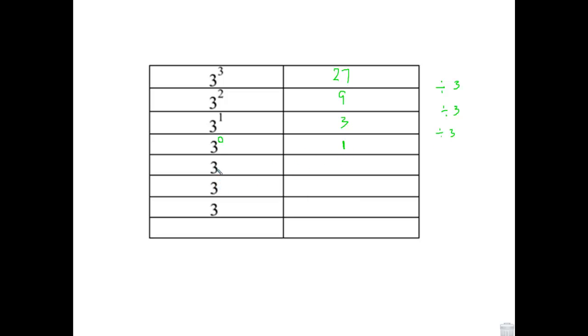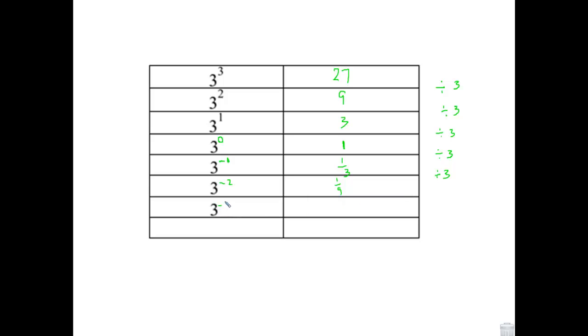And then our next one should be negative 1. So we're starting to get what we call a negative indice. But again, what will we do with our pattern? Well, our pattern would keep going down by dividing by 3. And 1 divided by 3 is 1/3. That looks interesting. Keep going with our pattern. Minus 2, divide by 3. 1/3 divided by 3 is 1/9.